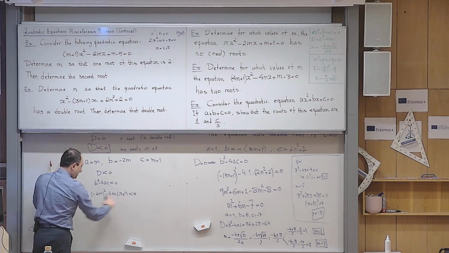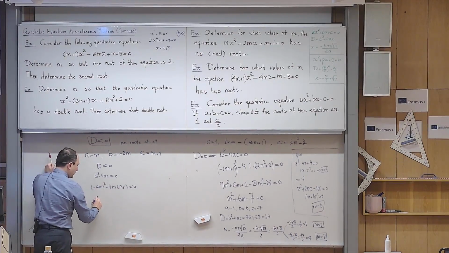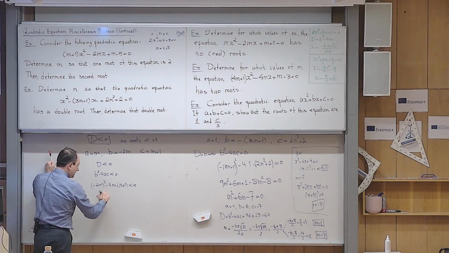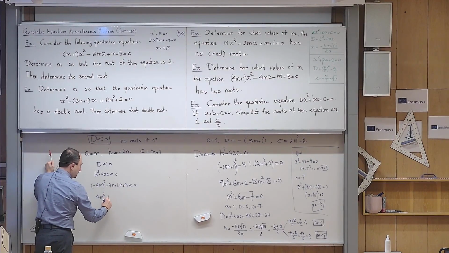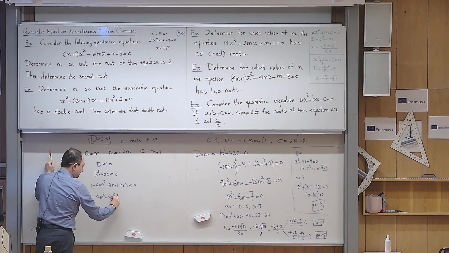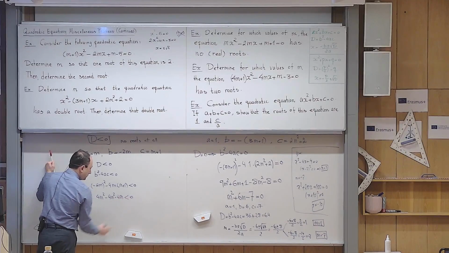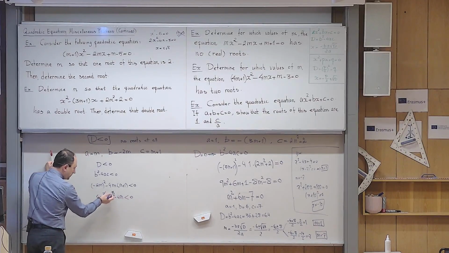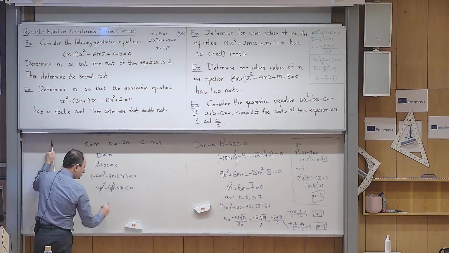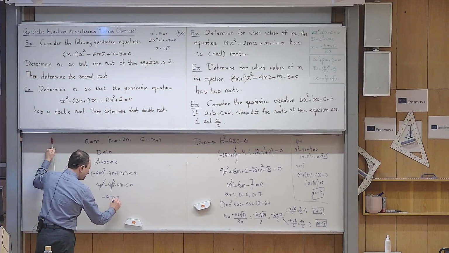I simplify this. This is 4m squared. I multiply minus 4m in. This minus sign is not only for the first one, but also for the second one. And then what happens? This one and that one are gone, and I have minus 4m less than 0.